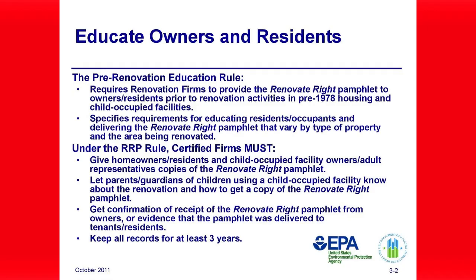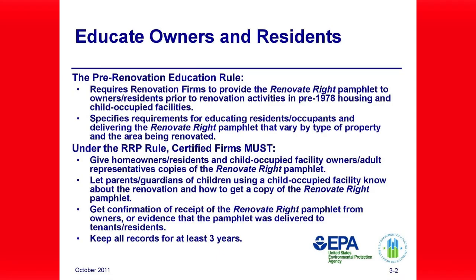When working in homes, the pamphlet must be provided no more than 60 days prior to beginning a renovation. Firms must either obtain the owner's written acknowledgement or proof that the pamphlet was sent by certified mail, return receipt, at least 7 days before the renovation begins.